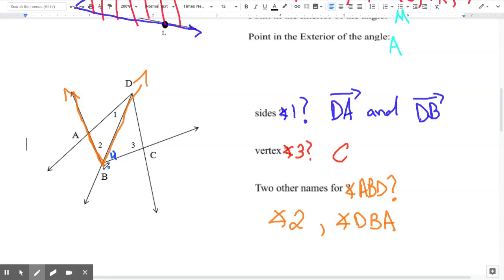We have an angle in this corner that we could call angle 5 maybe, and we have another angle in this corner that we could call angle 6. Because there are so many different angles shown with a corner at B, they all have the same corner point. We don't want to just name this as angle B because that would be confusing as to which angle we're talking about. So the best options here: use the number that's written in the corner or use 3 points on the sides of the angle.